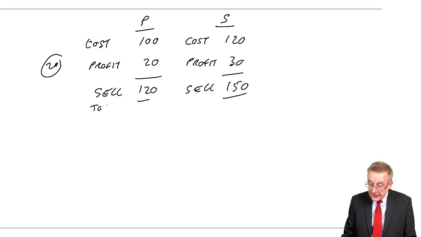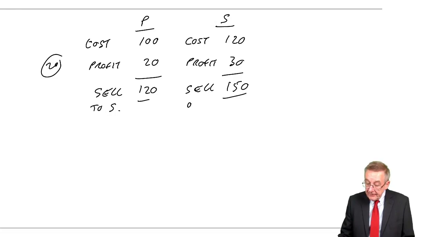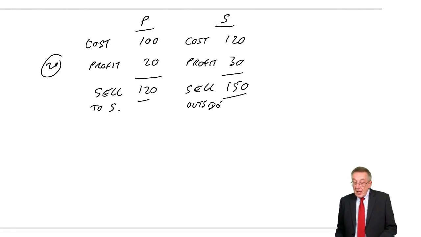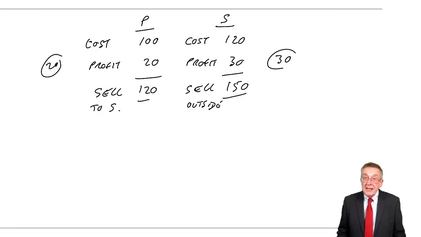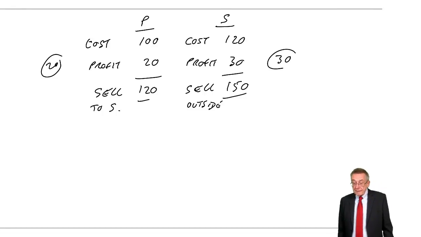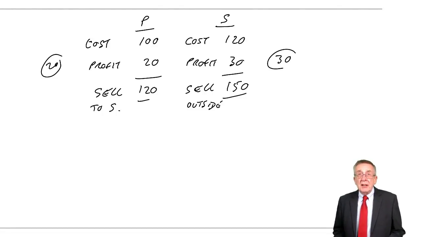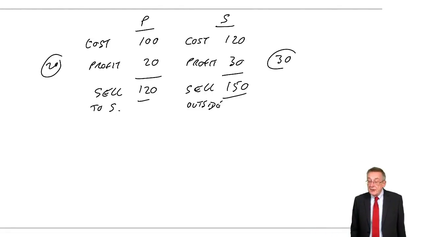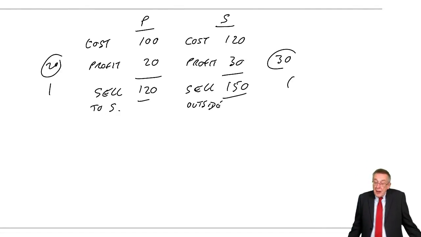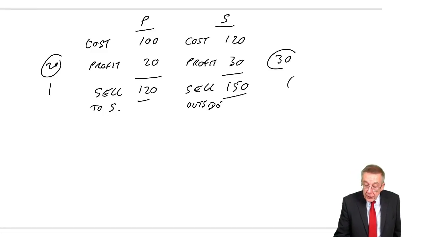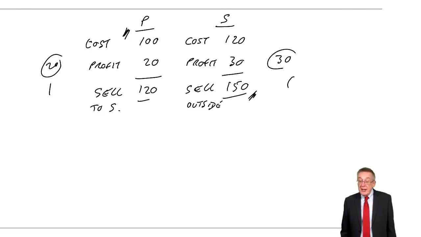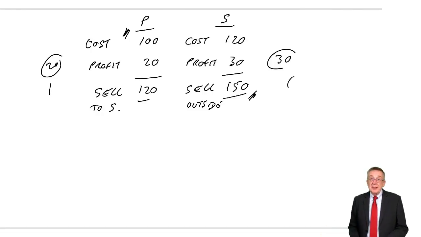So P sells to S sells outside. And so that 30 profit has gone to their retained earnings. Now there is no problem. When we come to consolidate, we add up the retained earnings in the normal way. 20, 30, 50, and the group has made 50 profit. The goods cost the group 100, and the group sold them outside for 150. There is 50 profit.